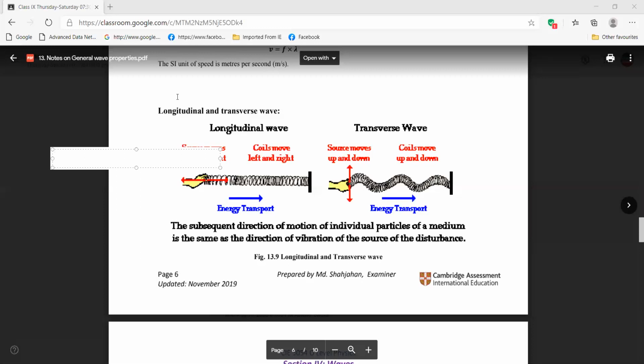I am writing here: when particles vibration or you can say movement is forward and backward.